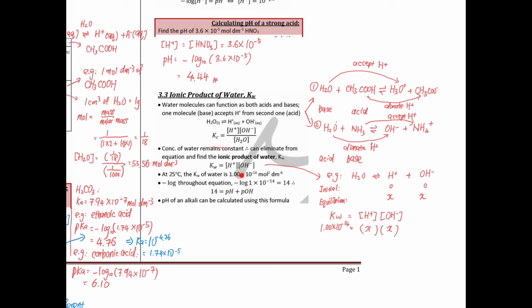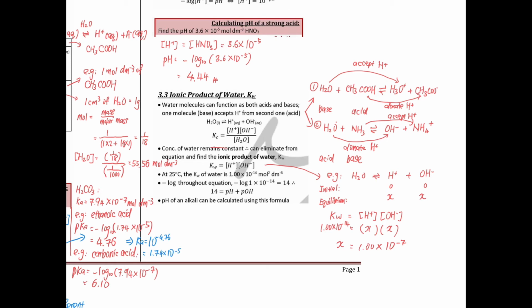I just replace it here, then you can find X. It becomes X squared on the right, then you square root and end up with 1.00 times 10 to the power of negative 7. That is the concentration of H+ or the concentration of OH-.